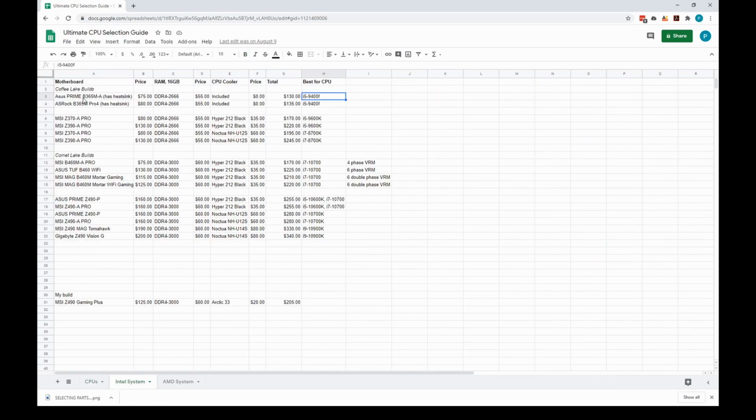So for the Coffee Lake builds and Comet Lake builds, this set of parts is going to be great for this or this processor. Here I used two motherboards, and I like both of them because they have heatsinks for the VRMs. For RAM I'm just using 2666 because that is what the i5-9400F works with.